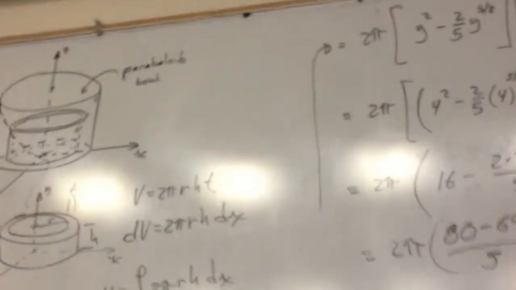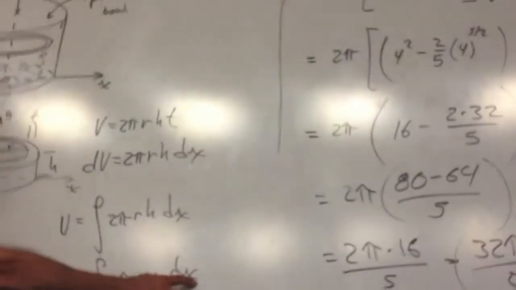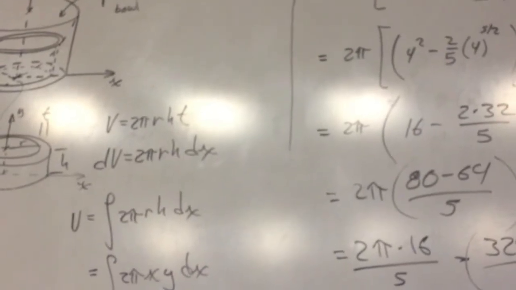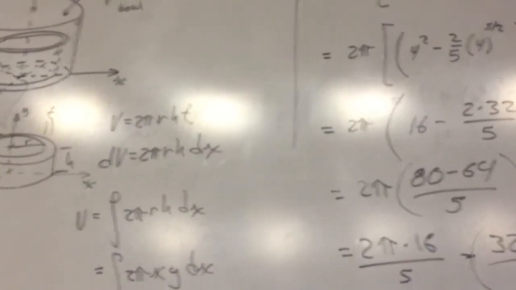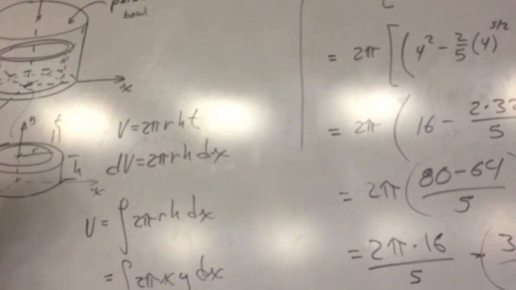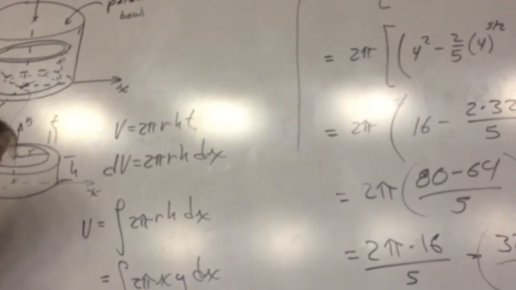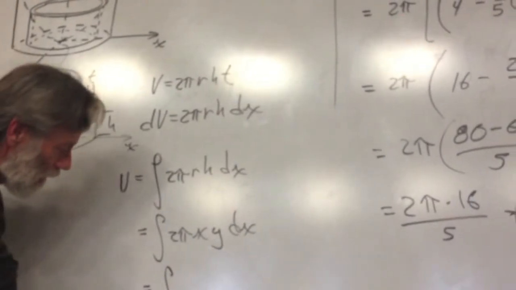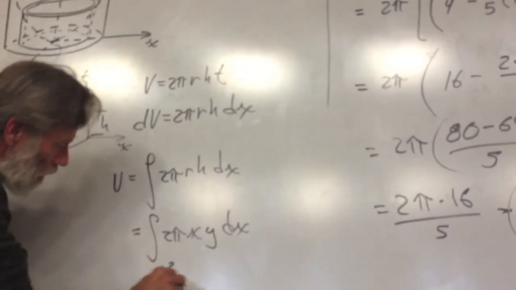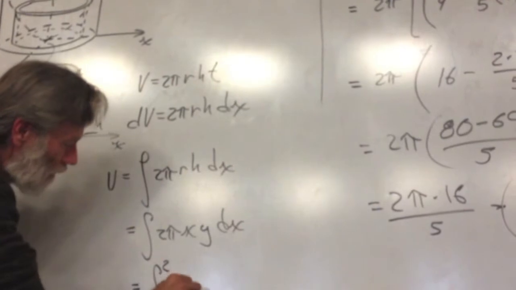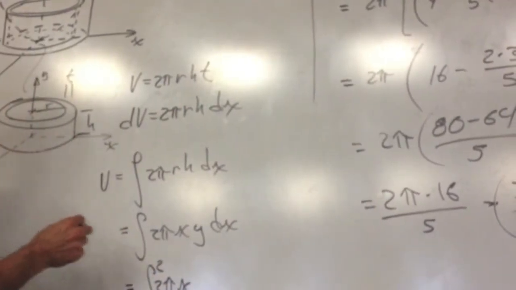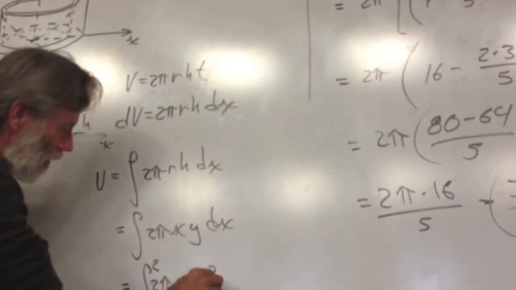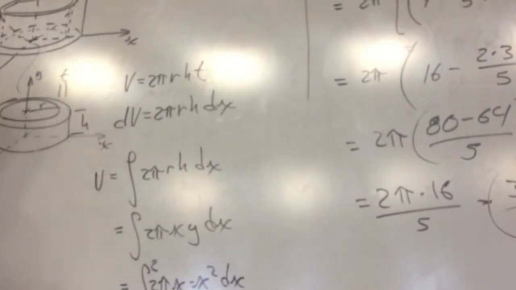Certainly the next thing to do is to know that this is a dx, so the y has to be converted, which is easy in this case. So yeah, convert the y over, and then we have that integral from 0 to 2, if we put in the details now: 2 pi x, and then we just said the y is an x squared, so we have an x squared dx.